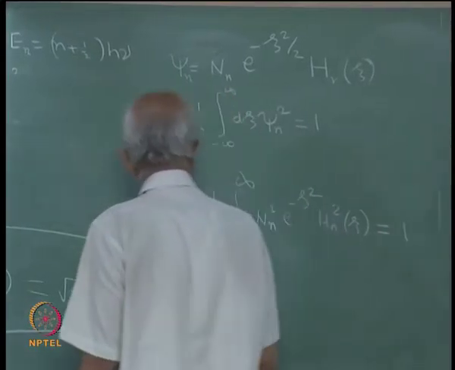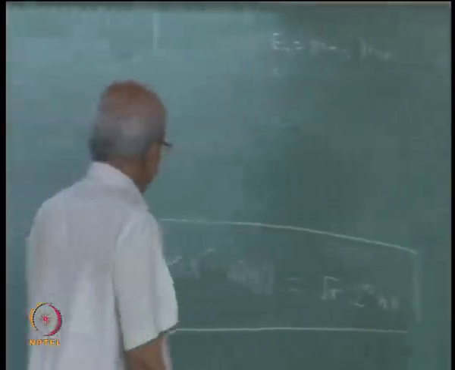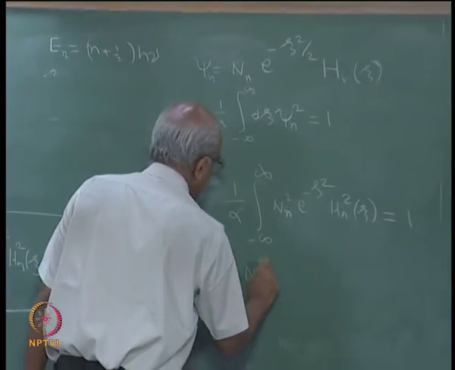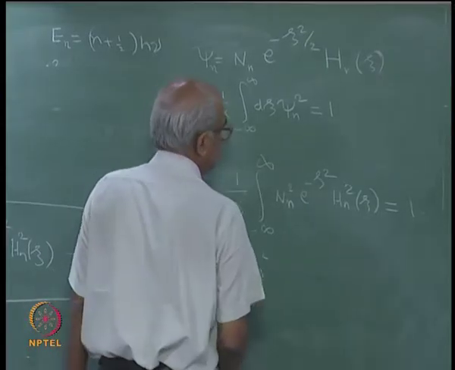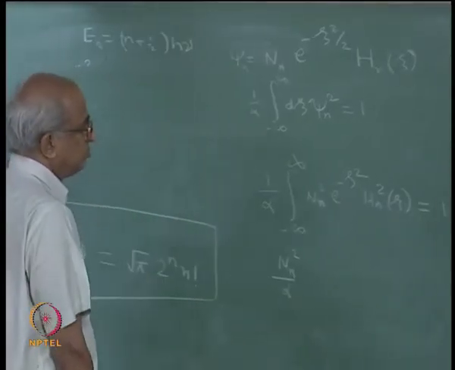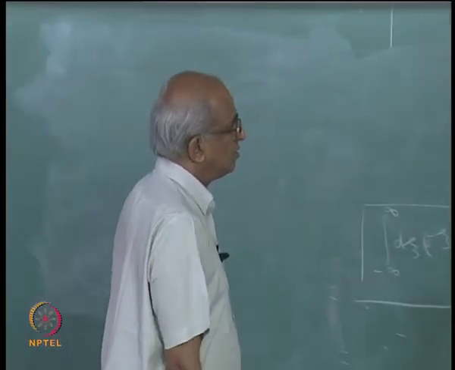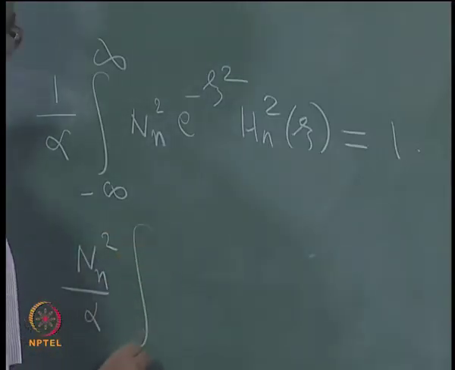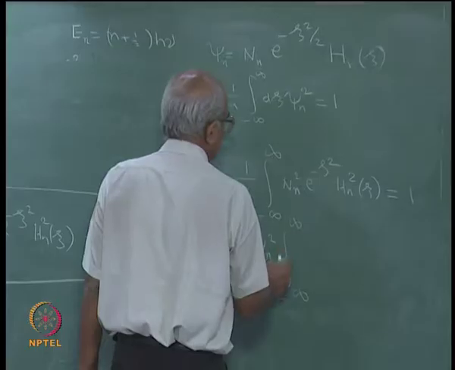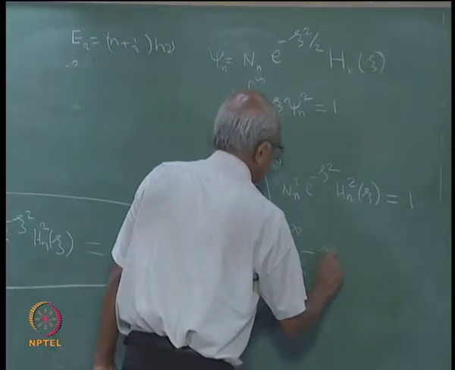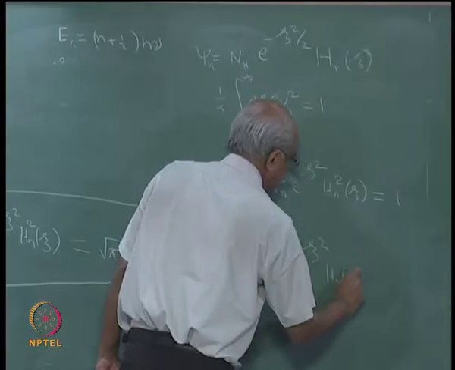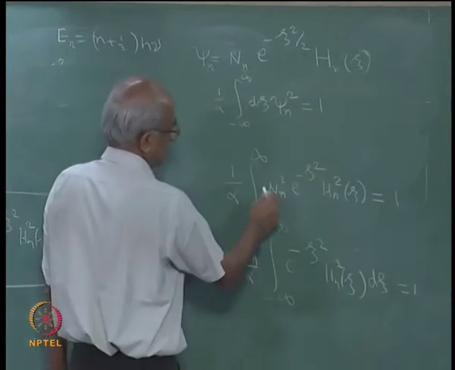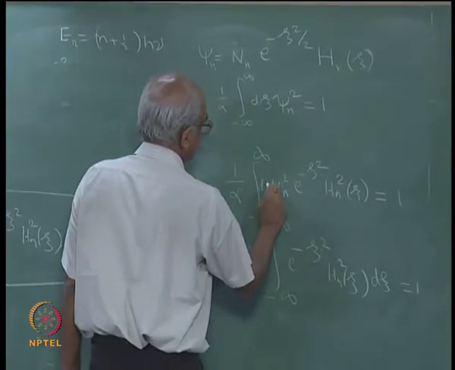This is the normalization condition. And so, I can take this N square out, N square by alpha integral minus infinity to plus infinity e to the power of minus c square Hn c square dx is equal to 1. There is a dx missing in this expression, I better write this.